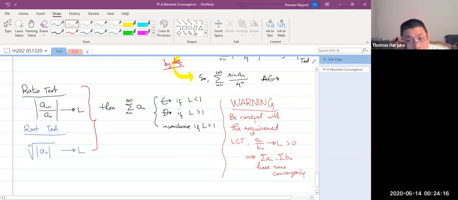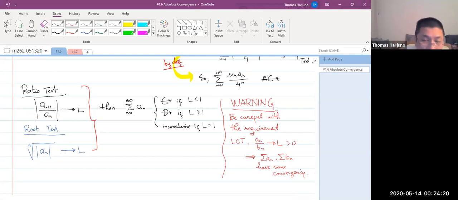Either both of them converge or both of them diverge. The limit doesn't have to be greater or less than 1, but it will tell us if they are both convergent or both divergent.